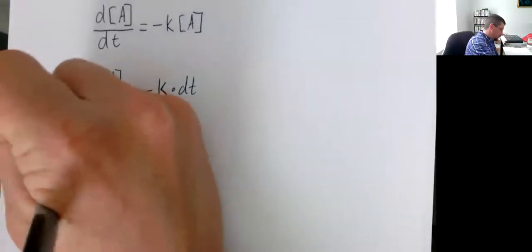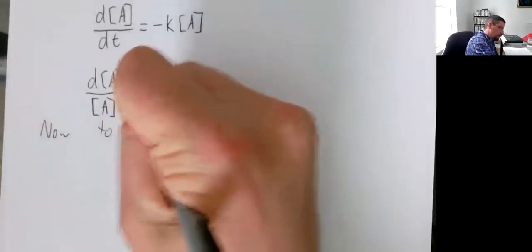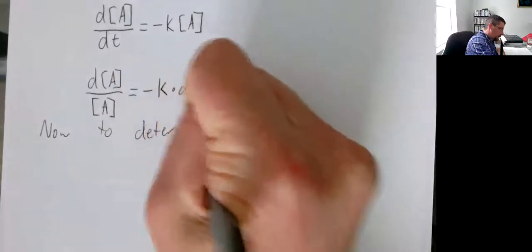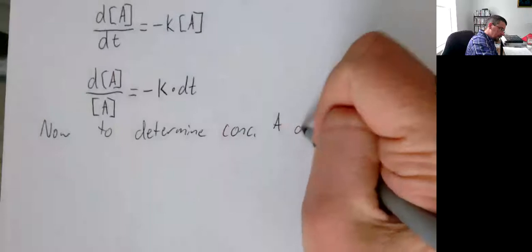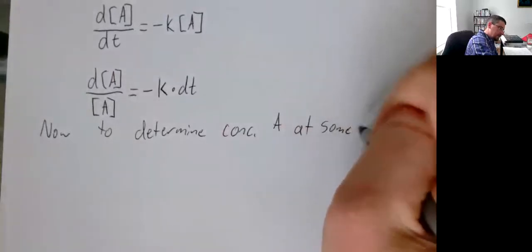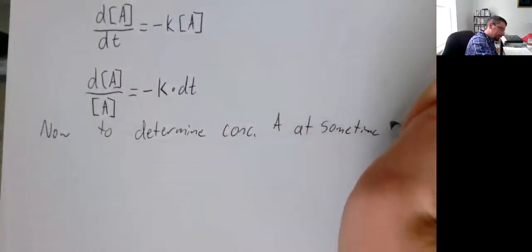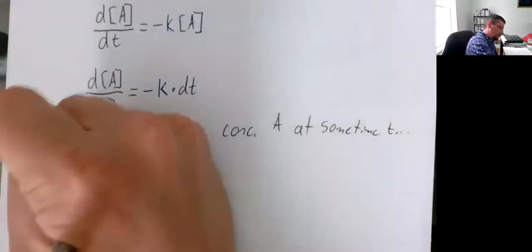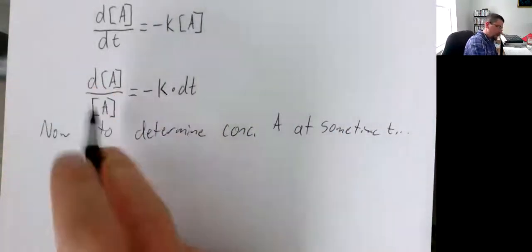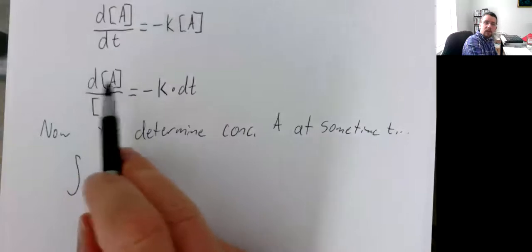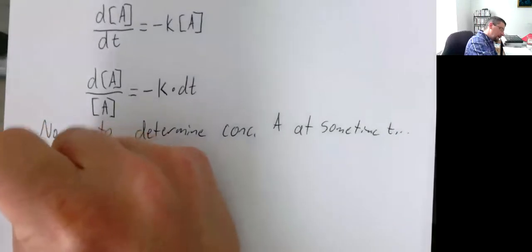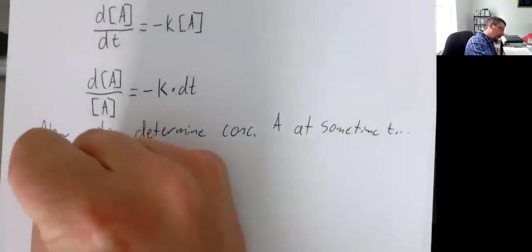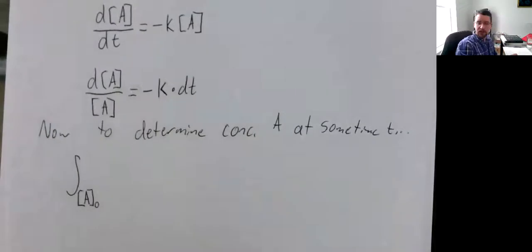So now, to determine the concentration of A at some time t, we have to integrate both sides. On this side of our integration, we need a point at which we're starting with an initial amount of A, so an initial concentration of A. We'll call that A naught, or A 0.